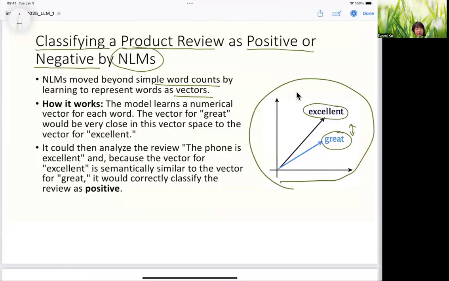So we have solved the problem of statistical language models, the data sparsity problem. The vector for "great" would be very close in this vector space to the vector for "excellent." And the model analyzed the review, "the phone is excellent," and yes, classified the review as positive.